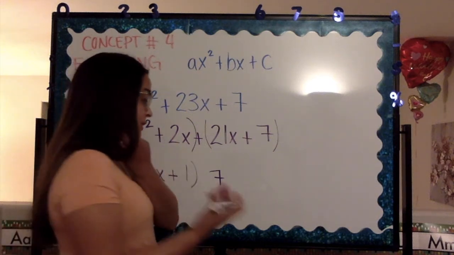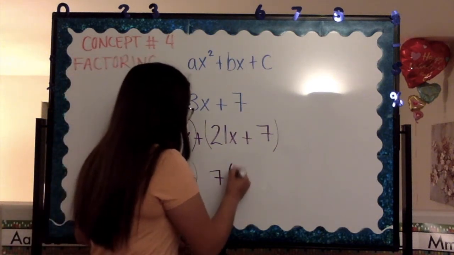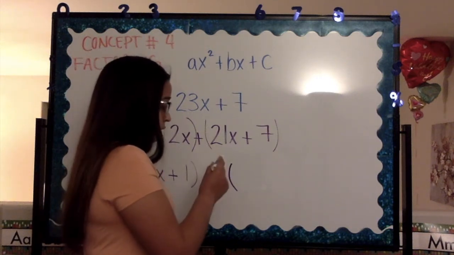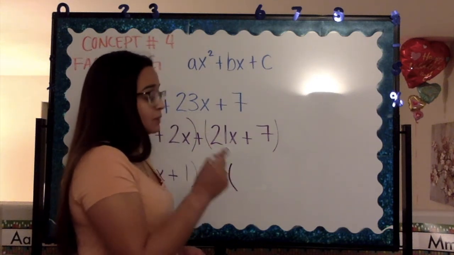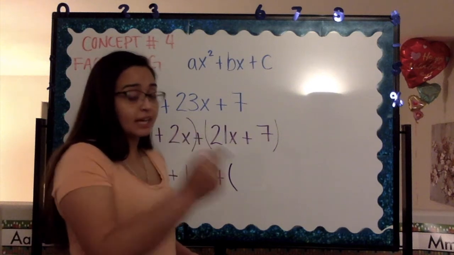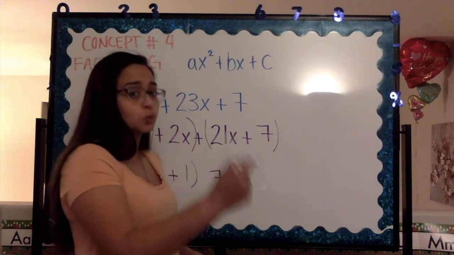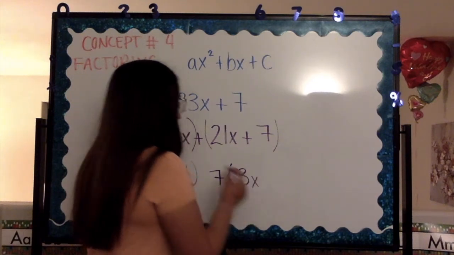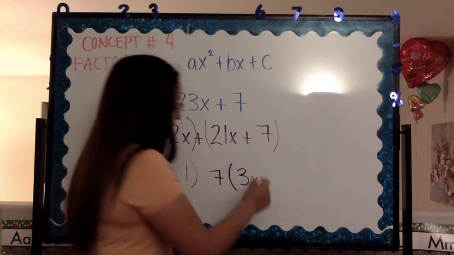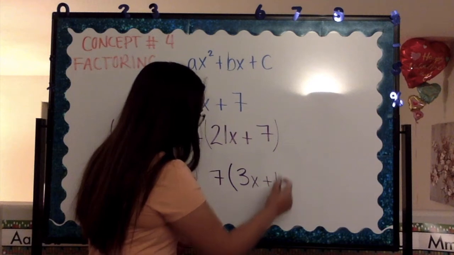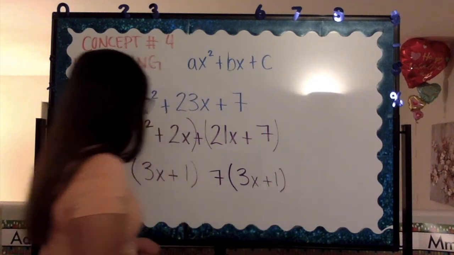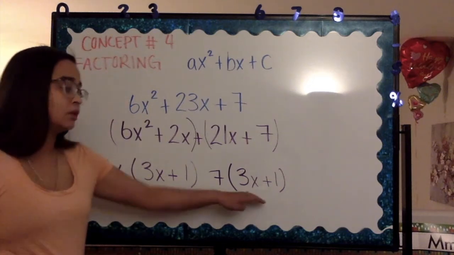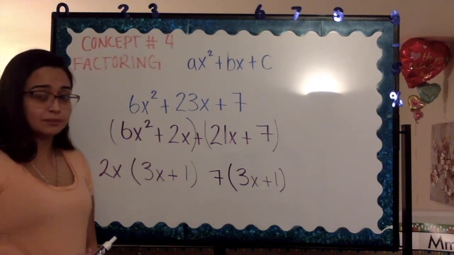So I know 3 times 7 gives me 21. So I'm going to have to multiply 7 times 3x to be able to get 21x. And to get 7, I will multiply by 1. You see what we have now? These two are actually identical.